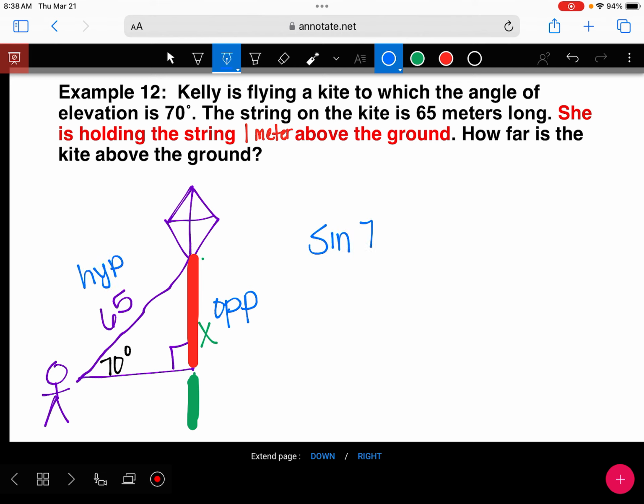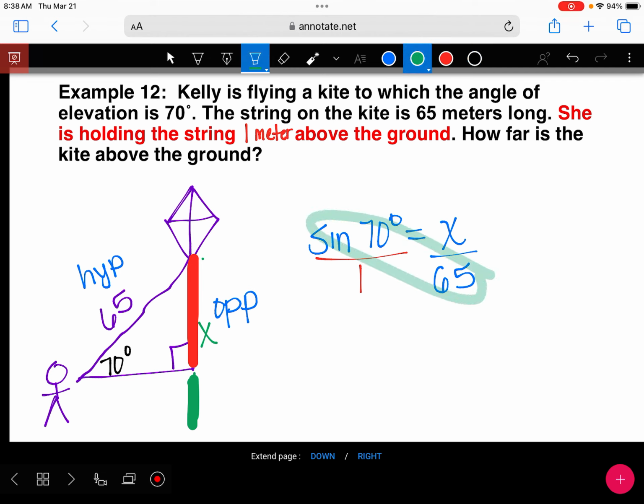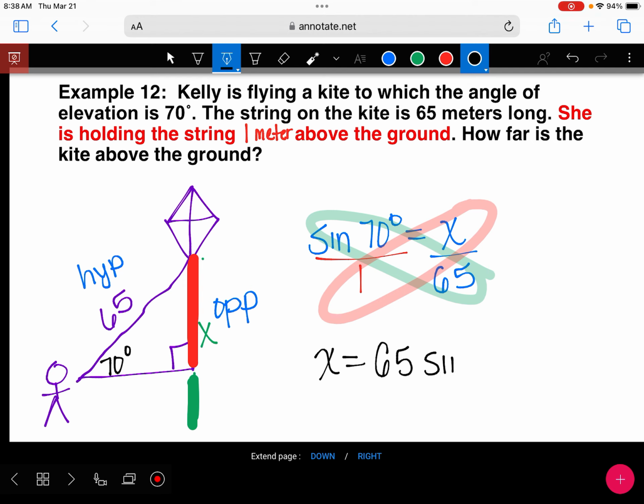So it would be the sine of 70 degrees equals opposite over hypotenuse. So again, we're going to just cross multiply that. So x equals 65 times the sine of 70 degrees.